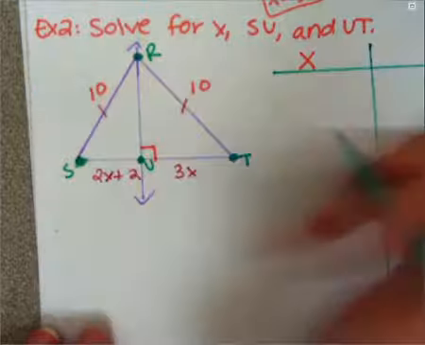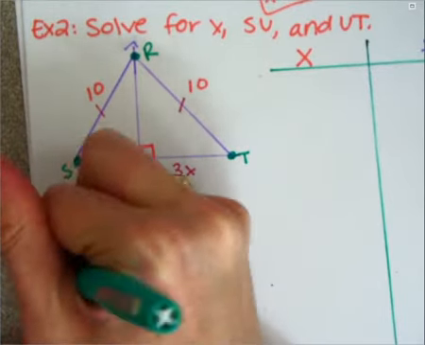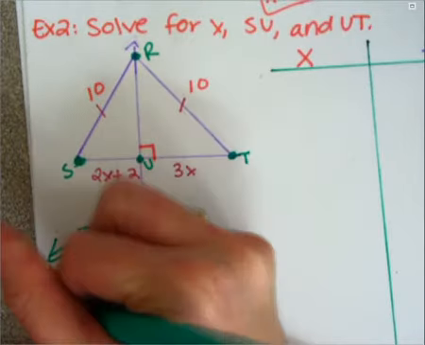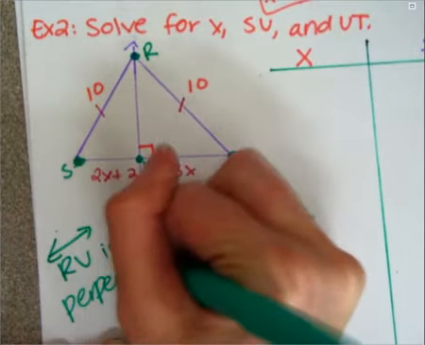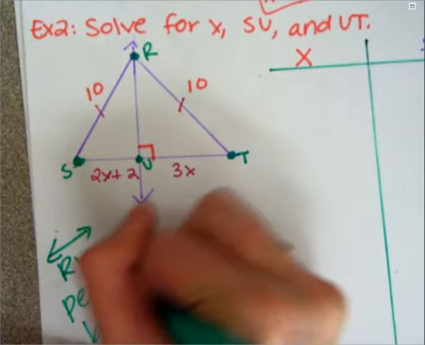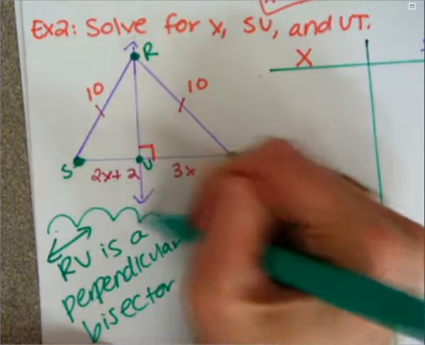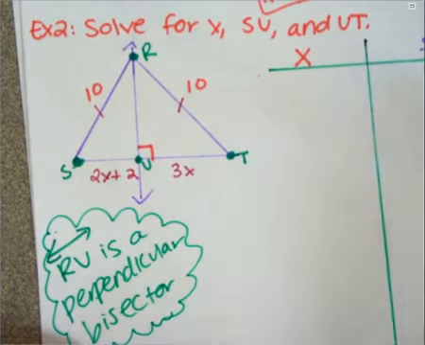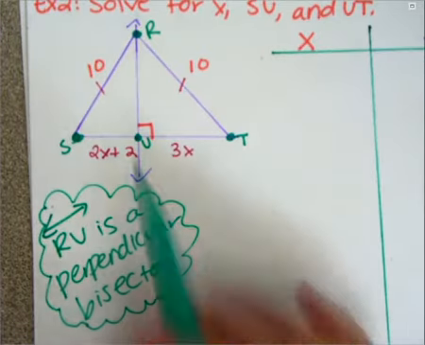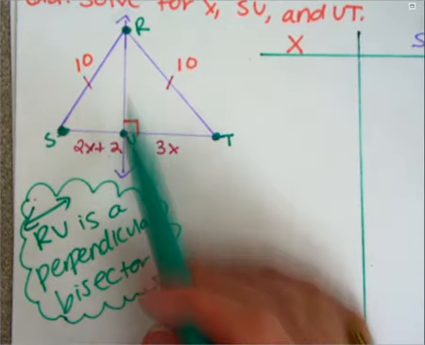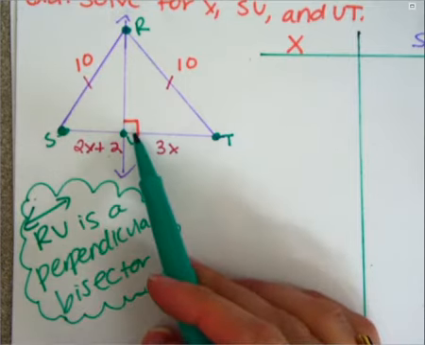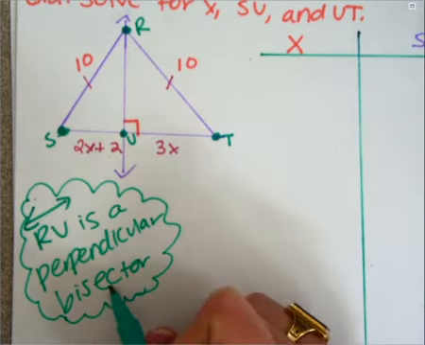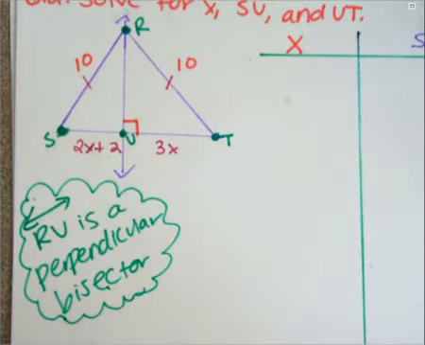So line RU is a perpendicular bisector. If you see here, we already see that RU is perpendicular to ST because it makes a 90-degree angle. That's a little box right there. And if it's a bisector, that means it slices the segment in half.